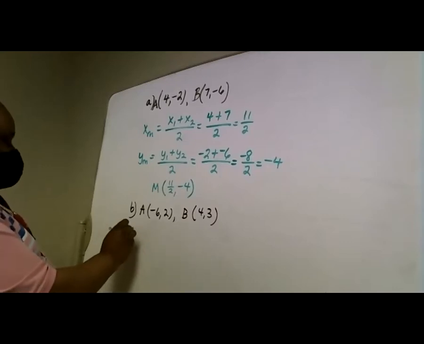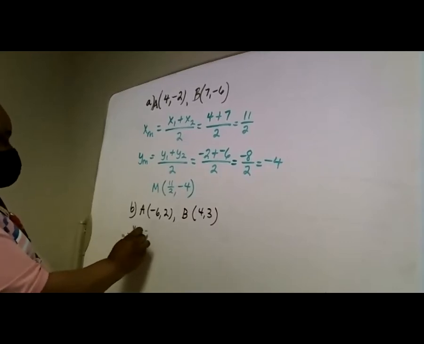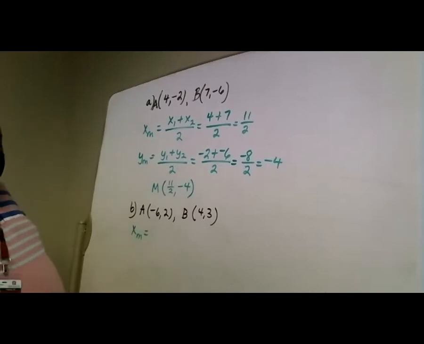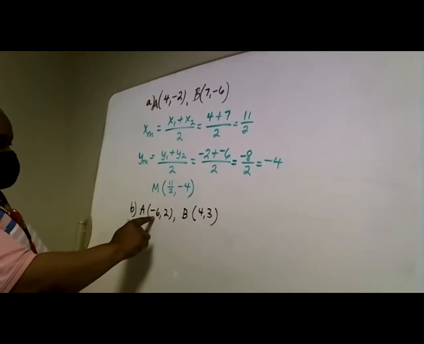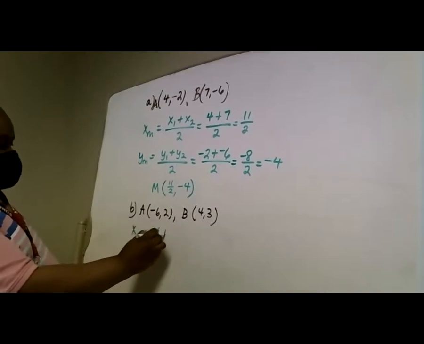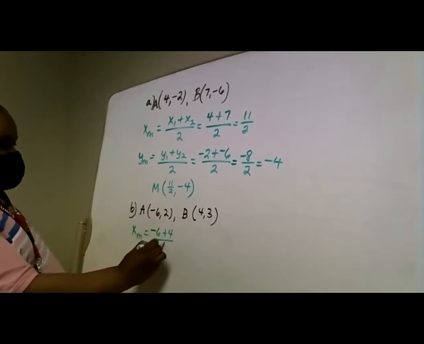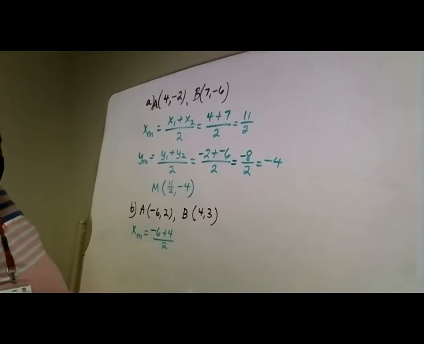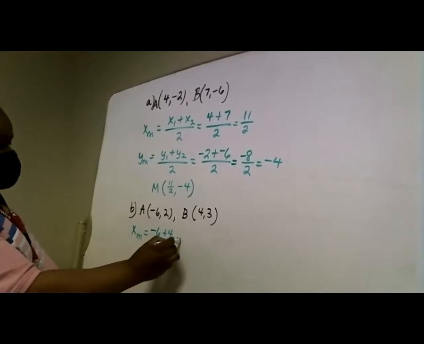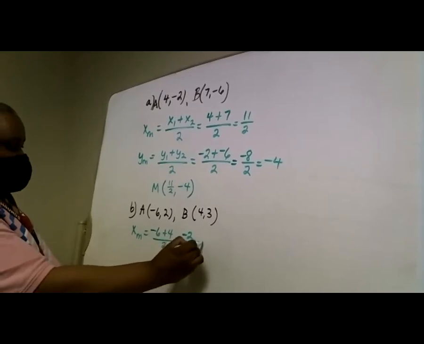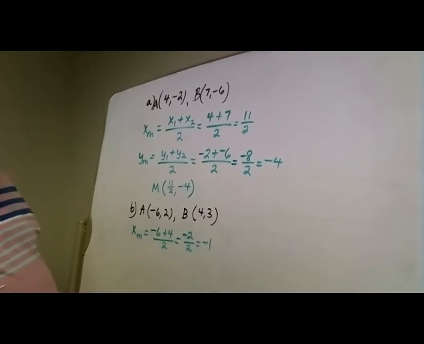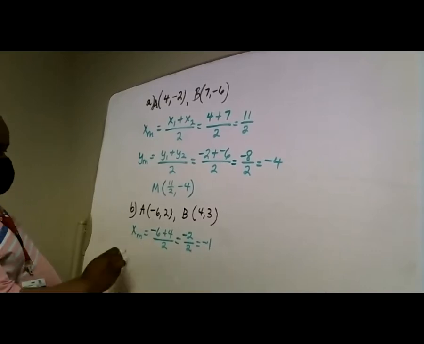So here, to find the x-coordinate of the midpoint, that's x1 and x2, I add those two together. -6 plus 4, divide that by 2. Let's see, -6 plus 4 is -2. Divide that by 2, you'll get -1. So the x-coordinate of the midpoint is -1.